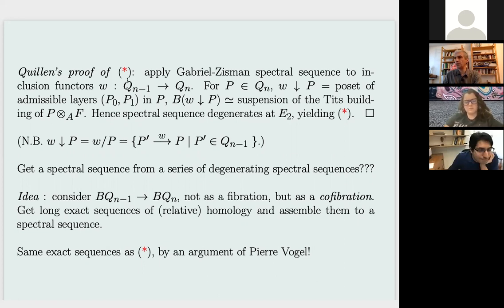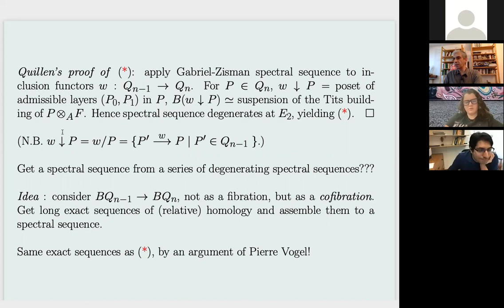So Quillen does that. And then the miracle of the Q construction is that you have to look at the so-called homotopy fibers of this functor W. So it means you take an object P in Q_n, and then you look at this W down arrow P. I'm using MacLane's comma construction.